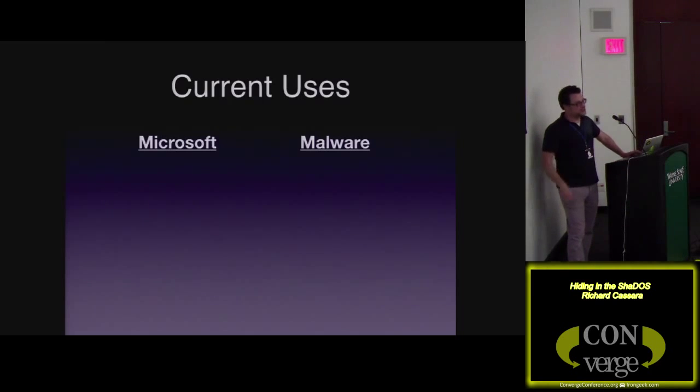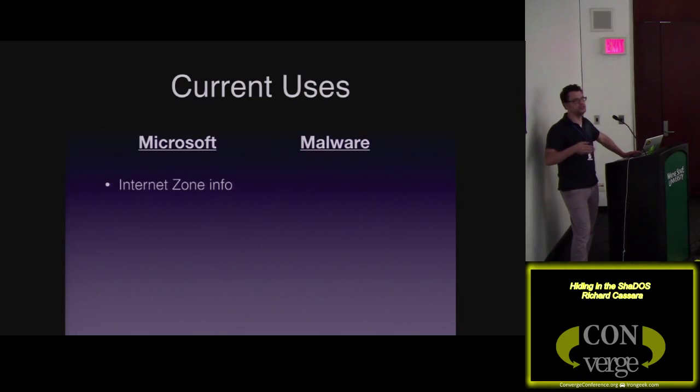Currently, there are two places where we see these in use. Microsoft uses it themselves, and it comes up in malware a lot. Microsoft uses it for internet zone info. When you download something from the internet, it tracks that; if you have the internet set as an untrusted zone, then it knows this exe came from an untrusted place and you can't run it.